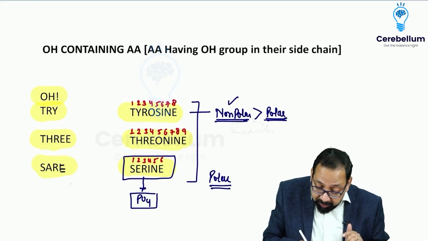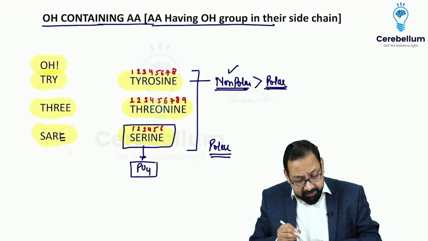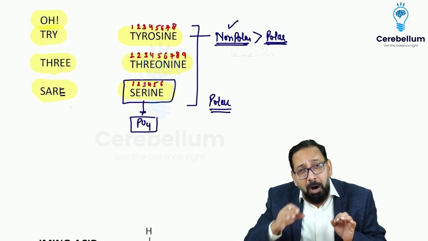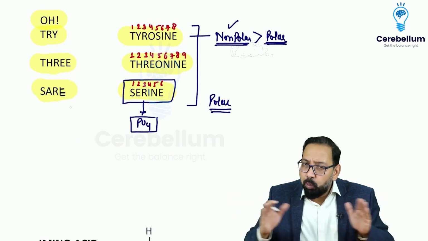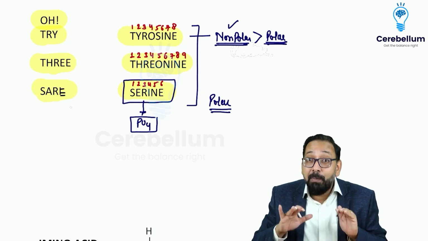So these are OH containing amino acids, or OH in their side chain. Mnemonic is O-tri-3-sari. And if the question is asked which of these 3 is essential, I am not aware of the structure, but I am aware of the name.